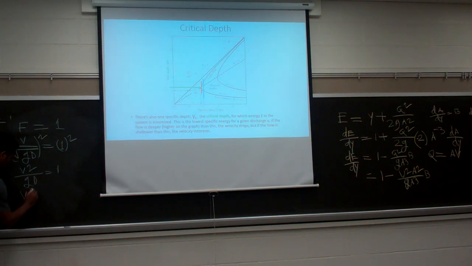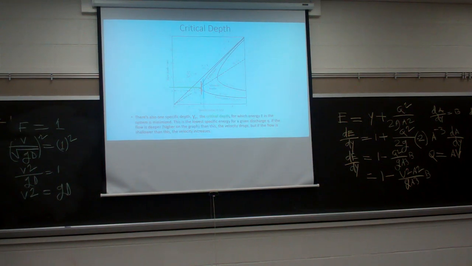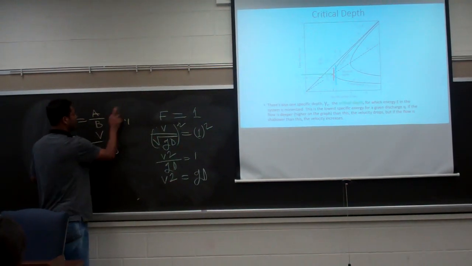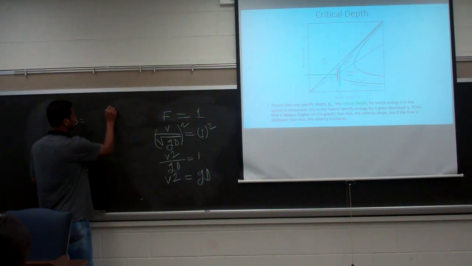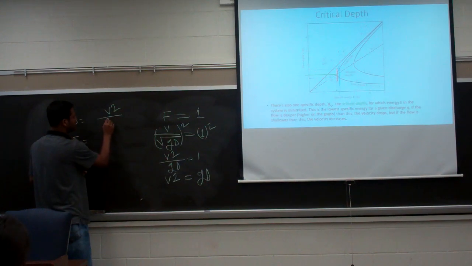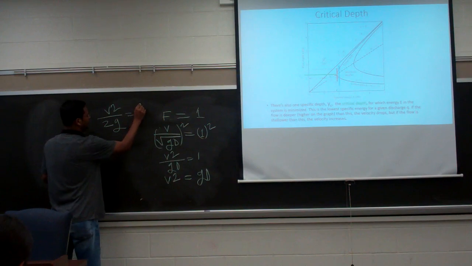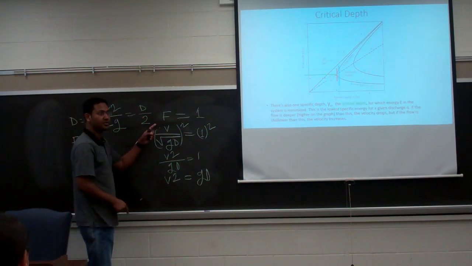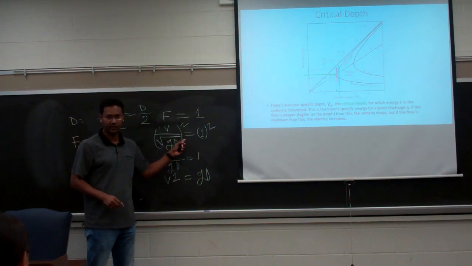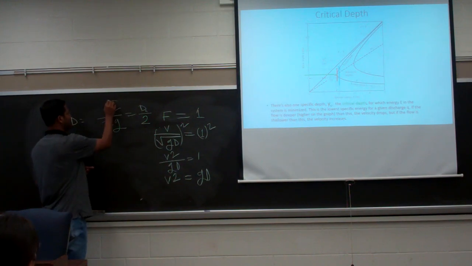That means V squared is equal to gD, right? And I can just rearrange this equation. V squared, I'm just dividing by 2, and I'm taking g this side, so I have to divide D by 2. Since I'm deriving this equation from the property of critical flow, I'm just denoting C here for the critical. So this is another property.